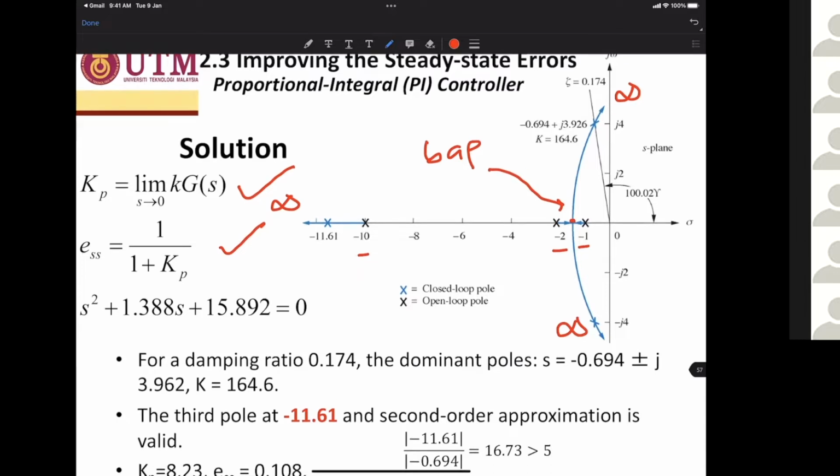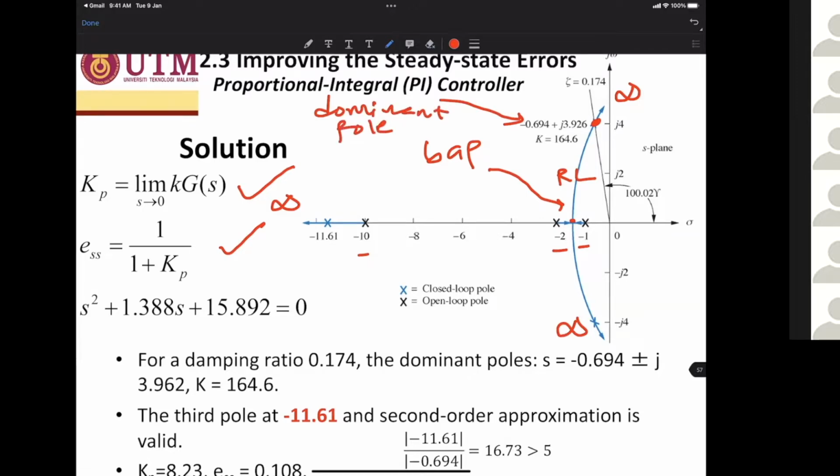Okay, and the intersection between the root locus, the blue color, with the damping ratio 0.174 is here. And this is what we call a dominant pole.